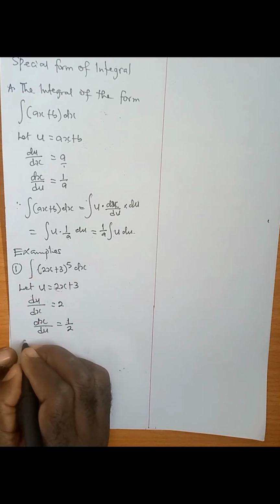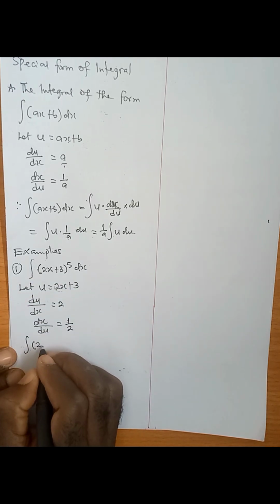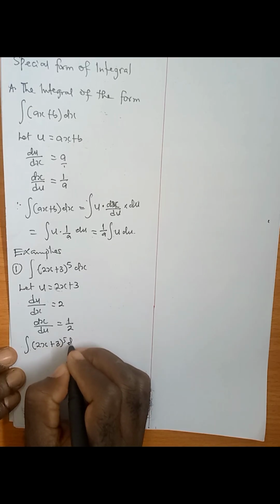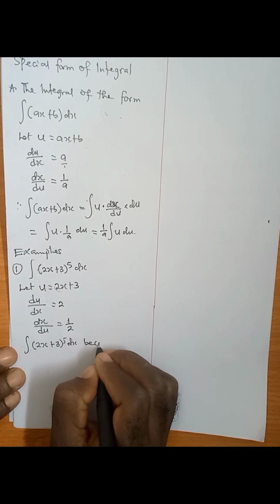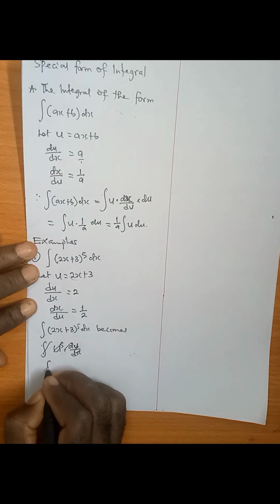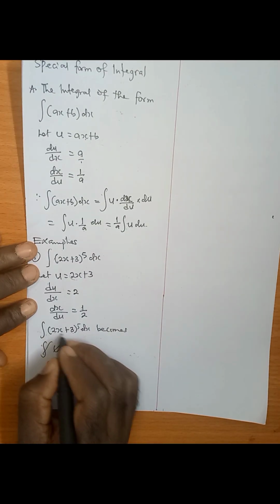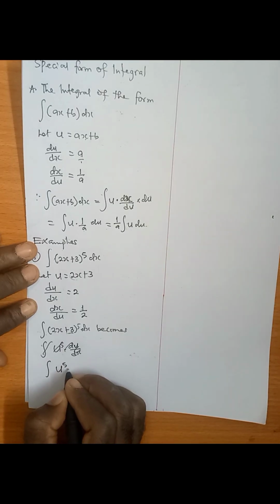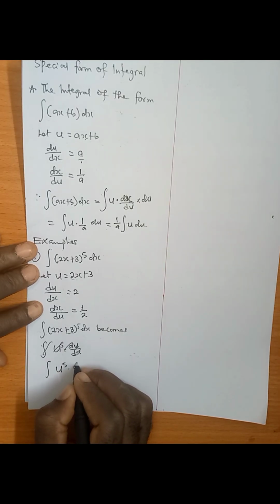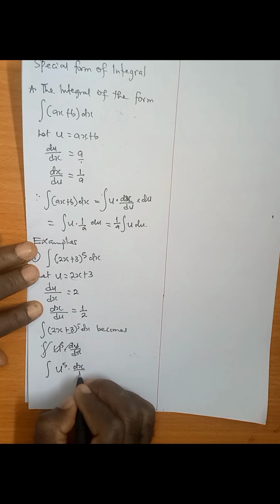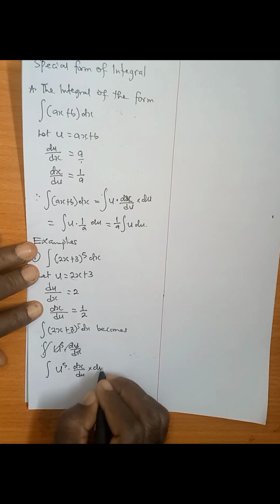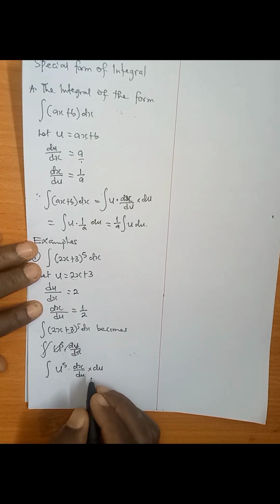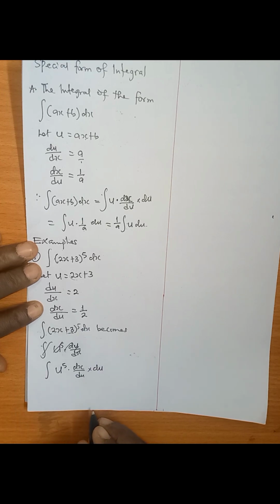Then this one, integral of (2x plus 3) raised to power 5 dx becomes, then we have 2x plus 3 will be u, then raised to power 5. Our dx will be dx/du multiplied by du. As I've said earlier, when this one cancels this out, we still have our dx back. We have not done anything wrong.